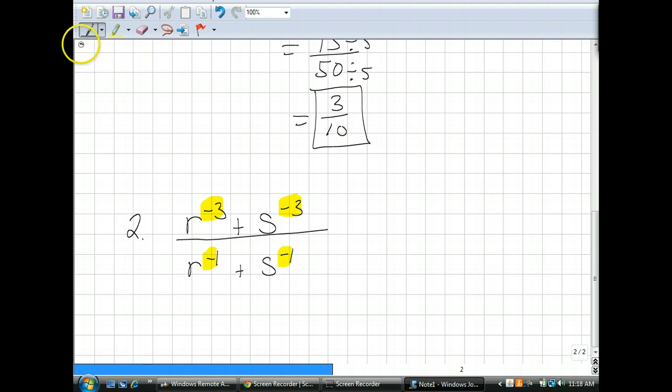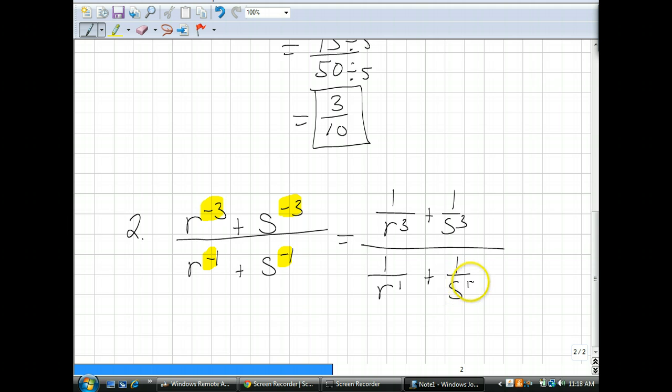So let's first change each one of those into a fraction. So r to the negative 3 really means 1 over r cubed. s to the negative 3 really means 1 over s cubed, all over 1 over r to the 1 plus 1 over s to the 1.